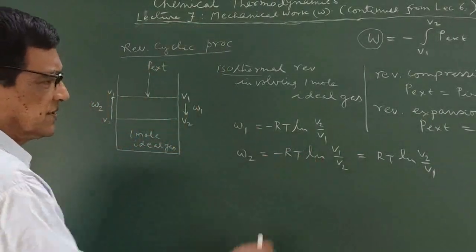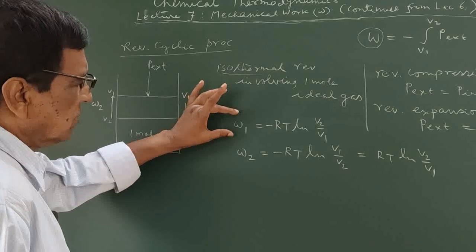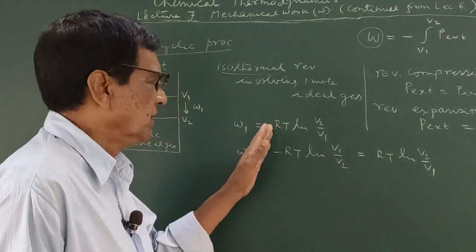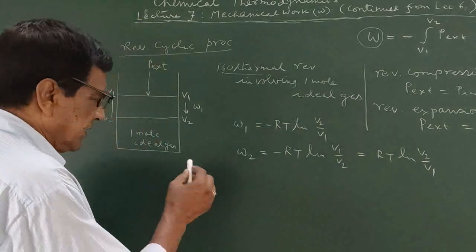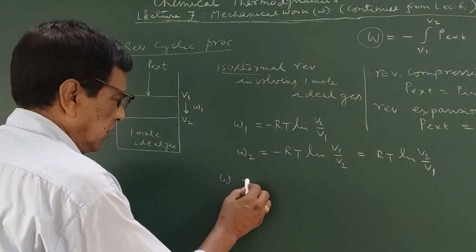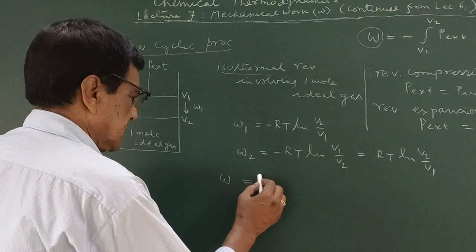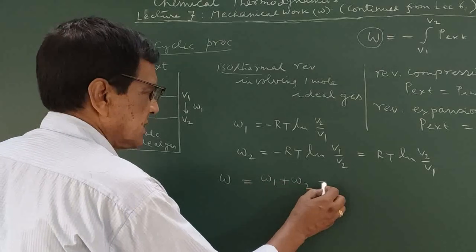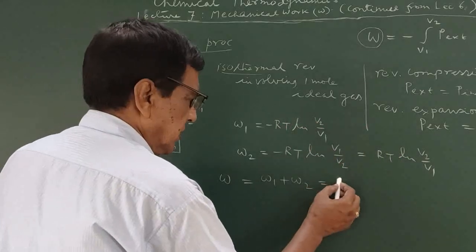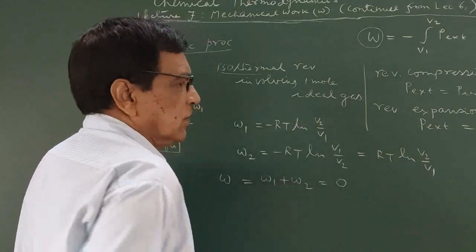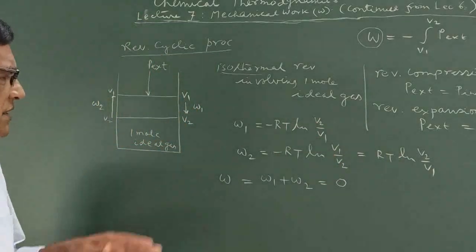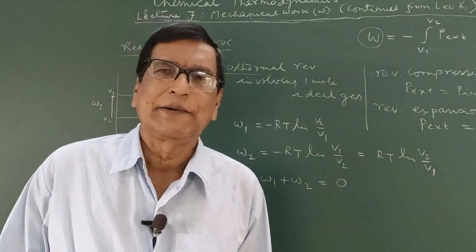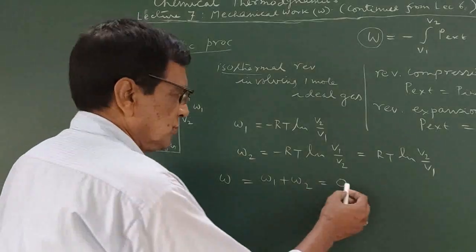So what we are saying, the magnitude of these two works will be the same, only the sign is reversed, and the total work W equals W1 plus W2, and the sum of these two becomes equal to 0. What does it mean? It means the net work in this reversible cyclic process is equal to 0.